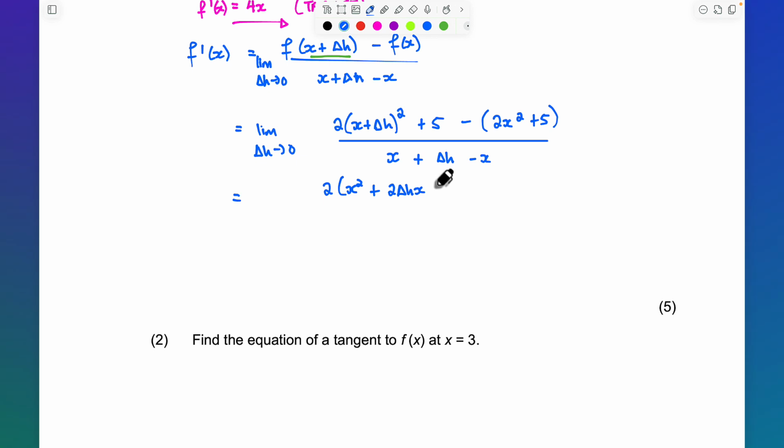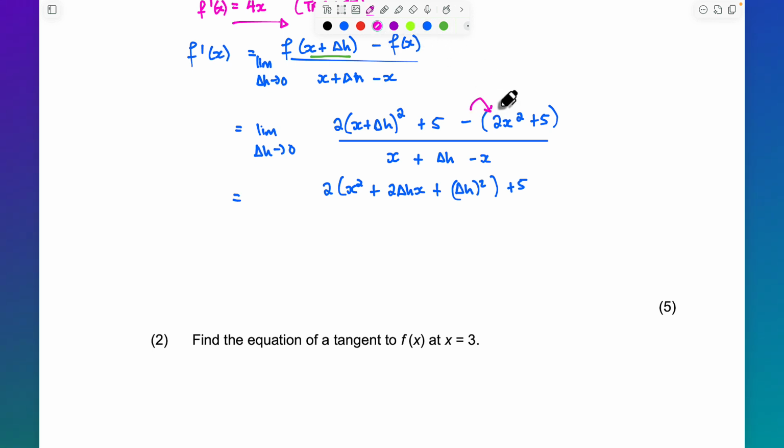Again, if you want to do the long way, you can go ahead and do that. Plus, and then we have delta h times delta h, which is delta h squared. And then that's the end of that bracket. And then you still have the plus 5. And then we still have this one. So now this negative sign, always be careful about the signs in these questions.